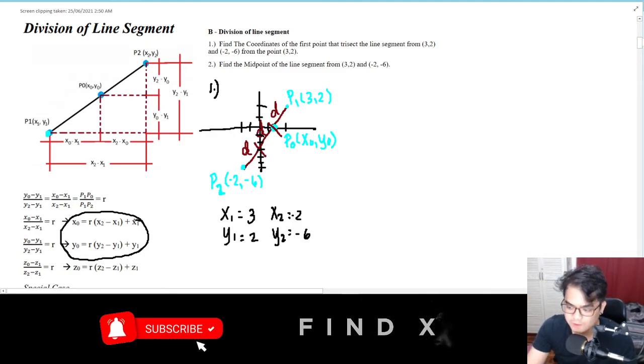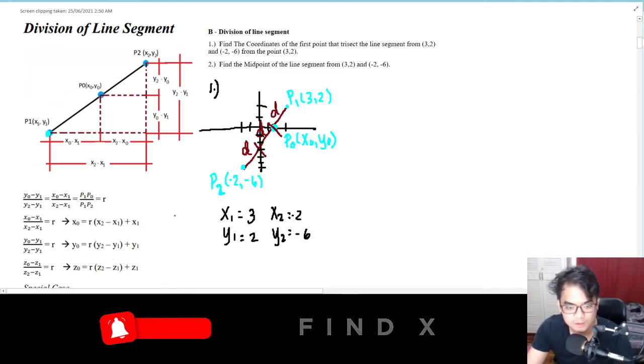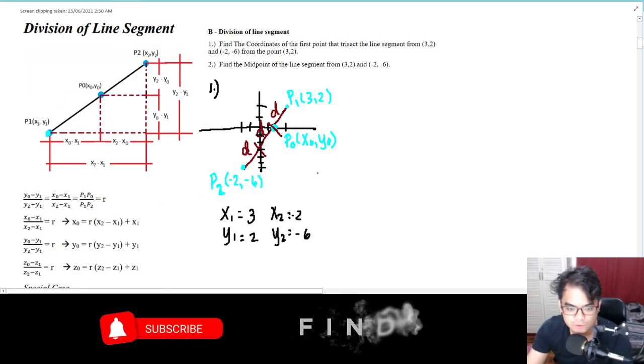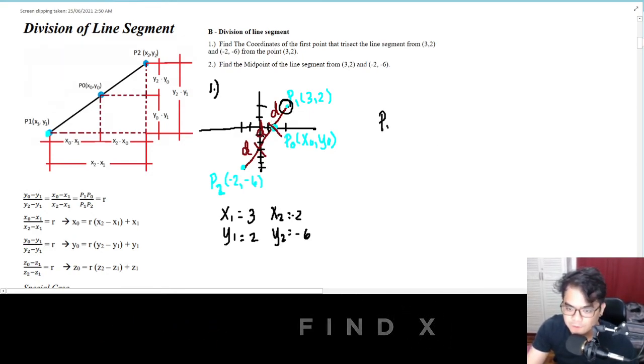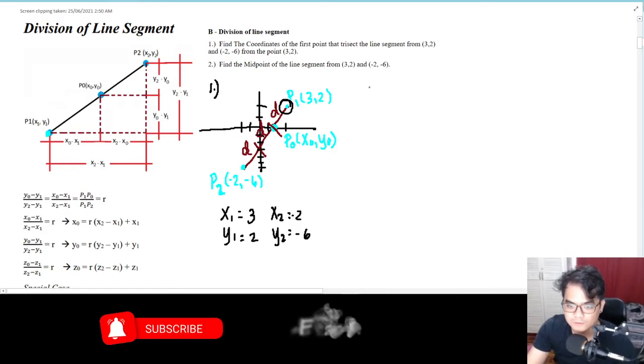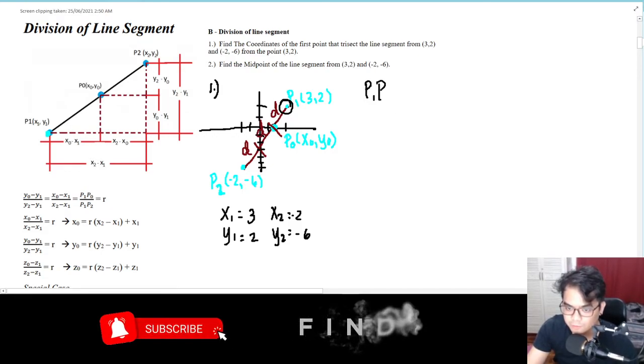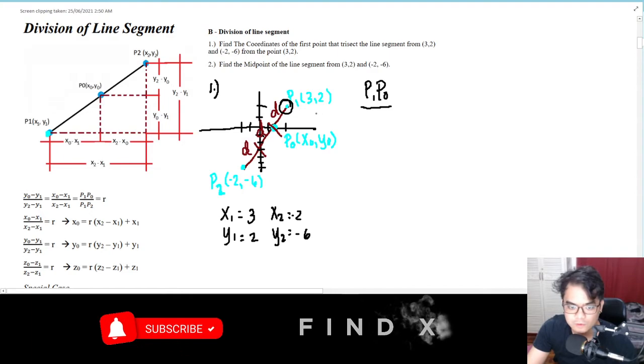But since we are looking for here to here, therefore that will become P1 to P0 over the whole line.